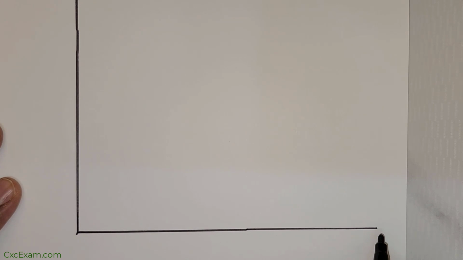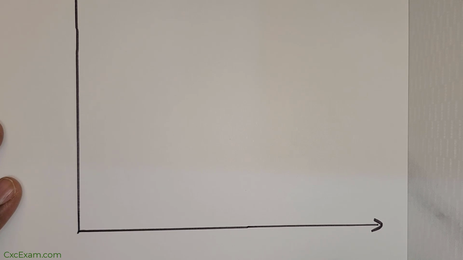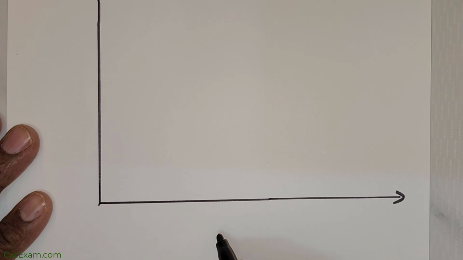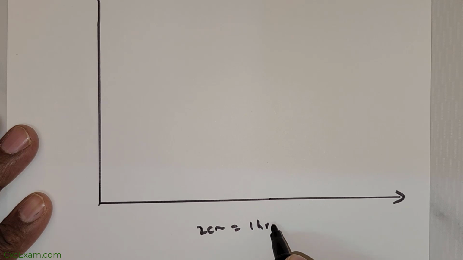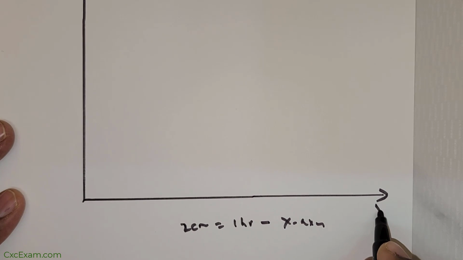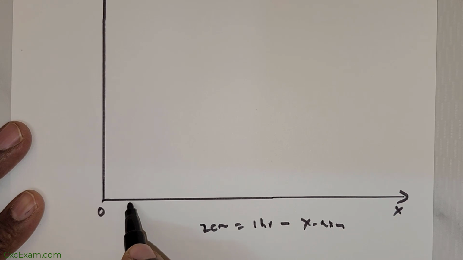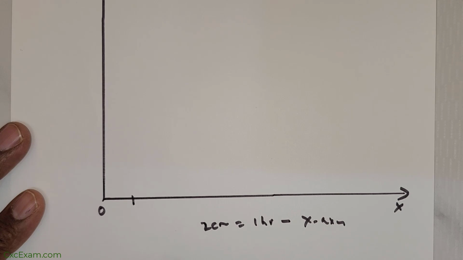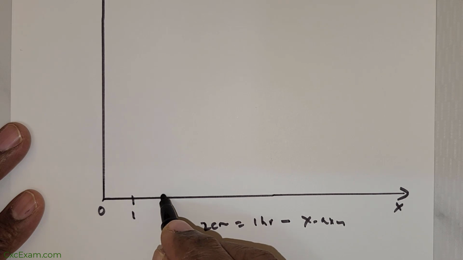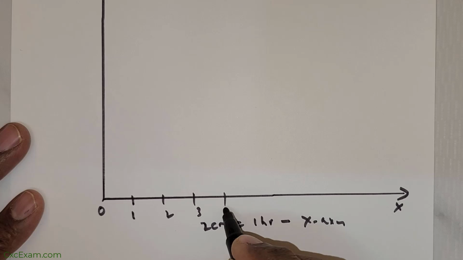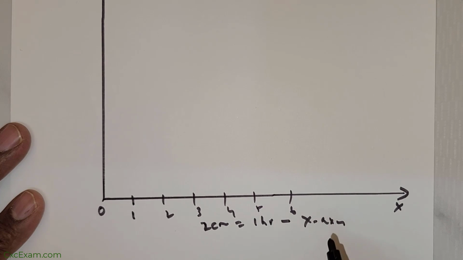This is going to be the x-axis. On the graph, you use 2 cm as 1 hour on the x-axis. So you have 1 hour here, 2, 3, 4, 5 and 6.